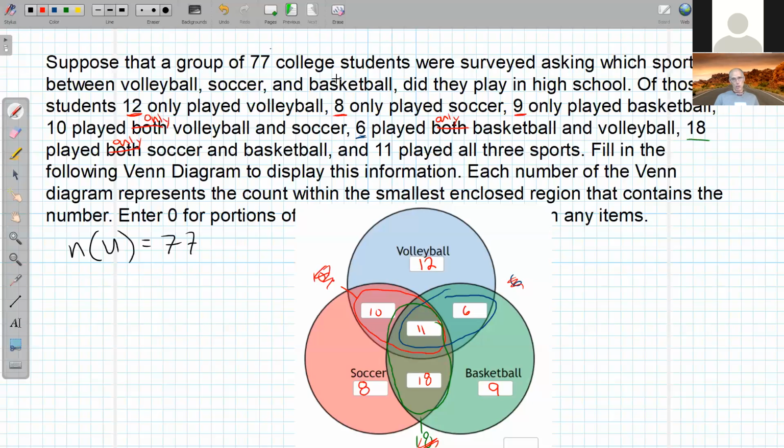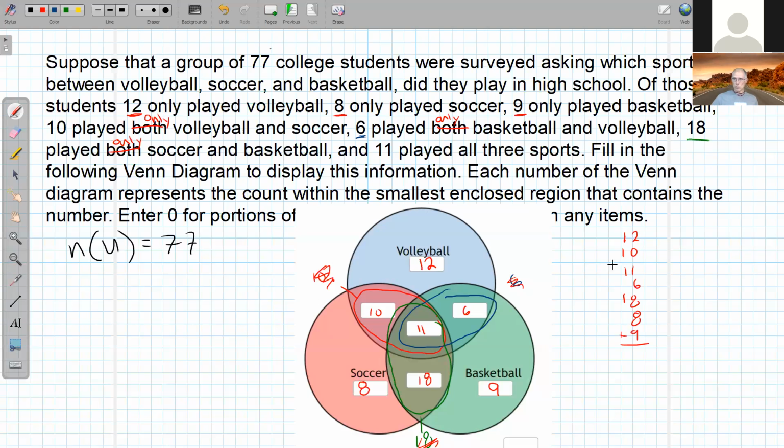All right, so then is there anyone in the universe of 77 college students that didn't play volleyball, soccer, or basketball? One would think so. So to check that, we have to add up all these disjoint regions. So what is 12 plus 10 plus 11 plus 6 plus 18 plus 8 plus 9?